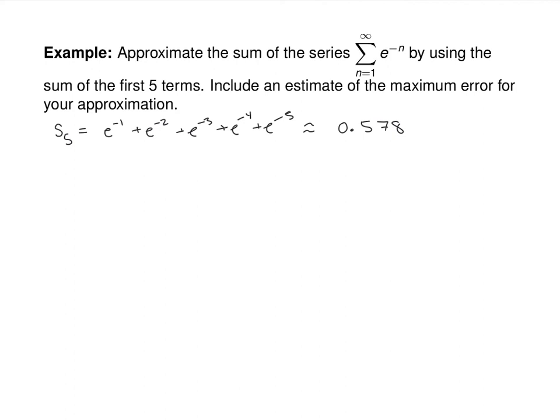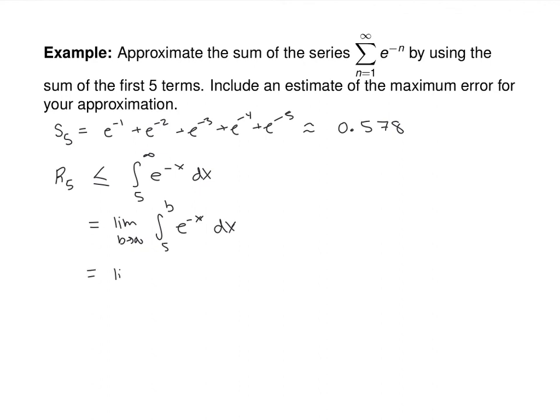Okay, now let's find the maximum error. We know that our remainder for adding the first 5 terms is less than or equal to the integral from 5 to infinity of e to the negative x dx. And that's equal to the limit as b goes to infinity, integral from 5 to b of e to the negative x dx.